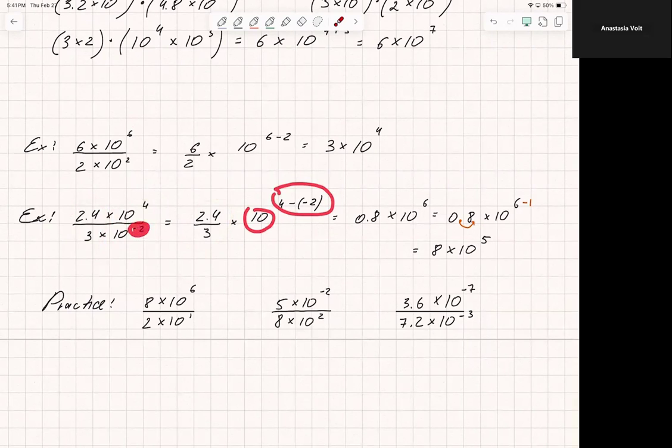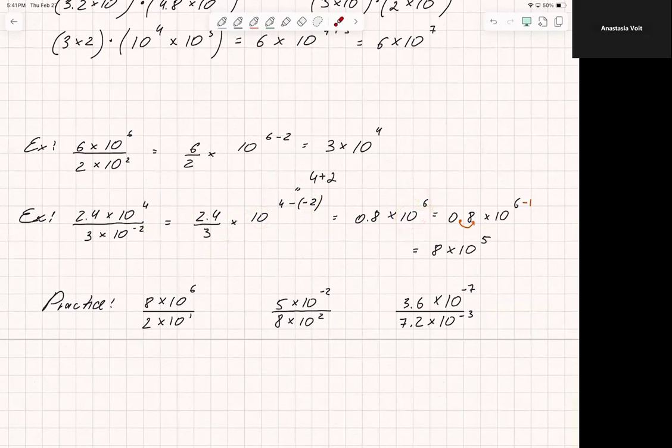So here you see we have a negative with our 2, but we still need to subtract. So this is the division, essentially, what we're changing the division to, but the negative 2, we keep it, okay? Now, we know that negative times negative will give us positive. So we essentially have here 4 plus 2, which gives us 6, right? So we have 10 to the 6th power.